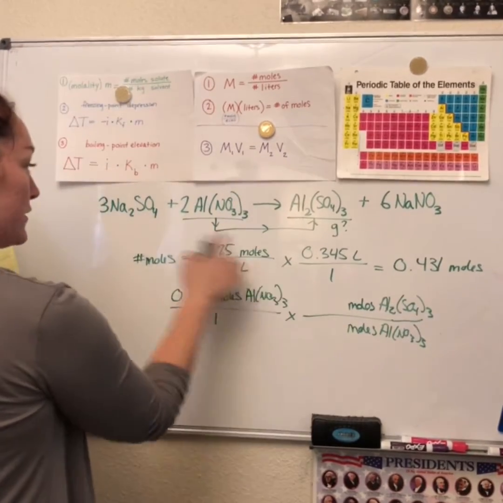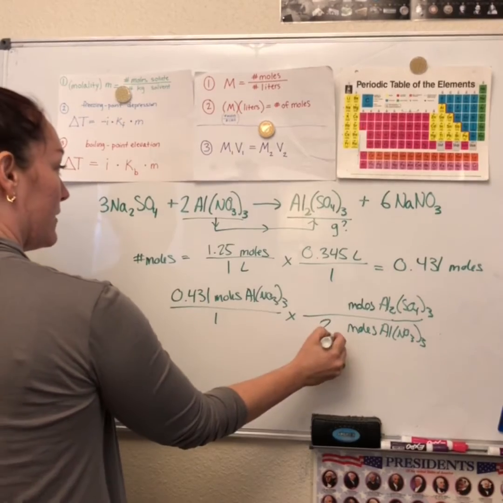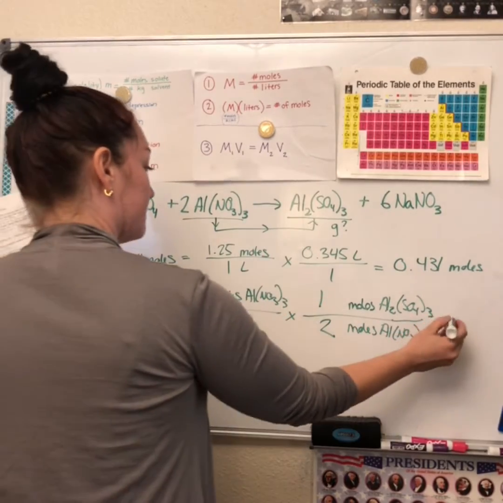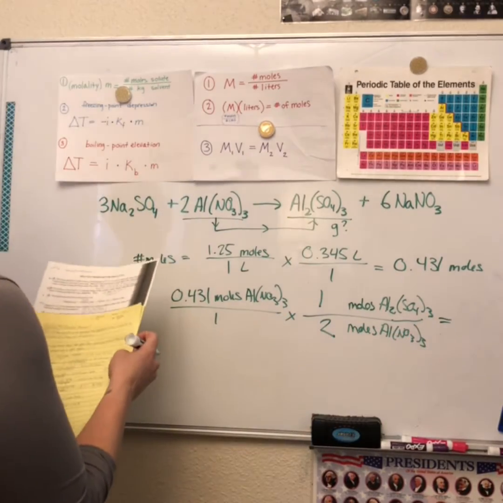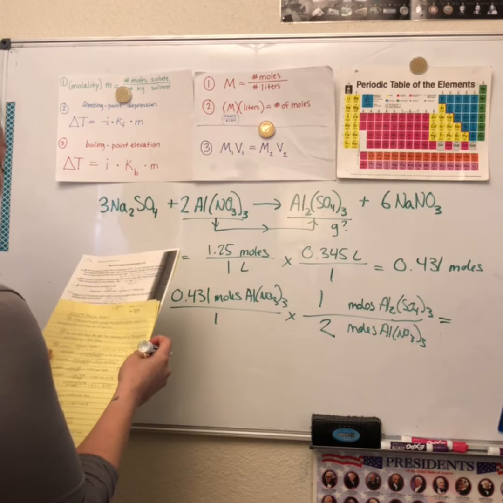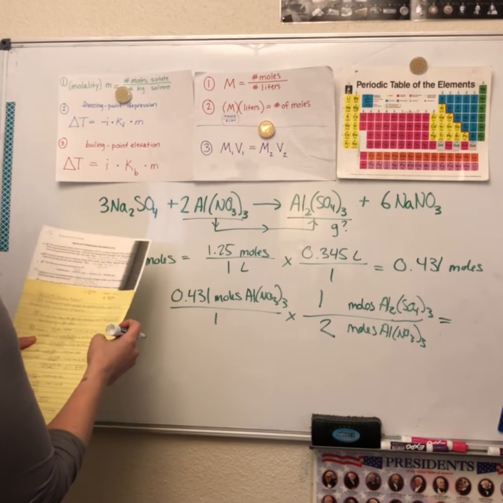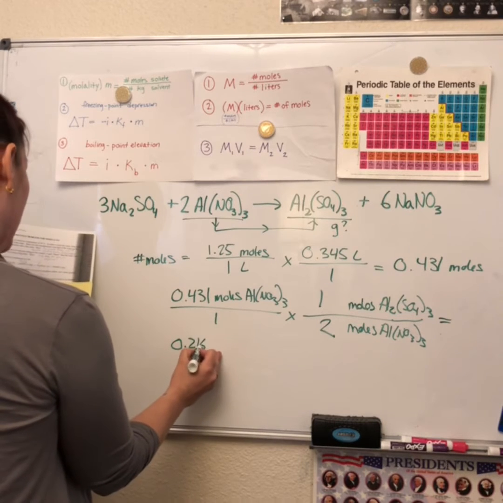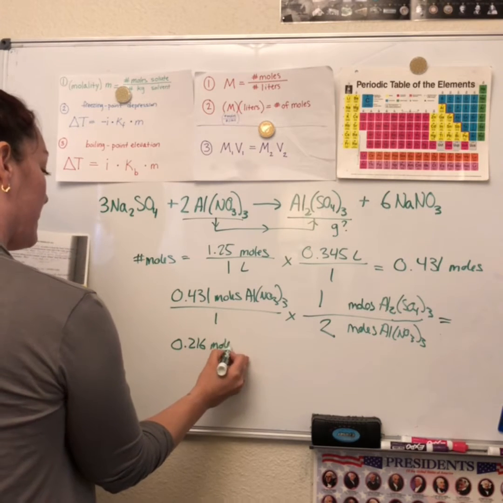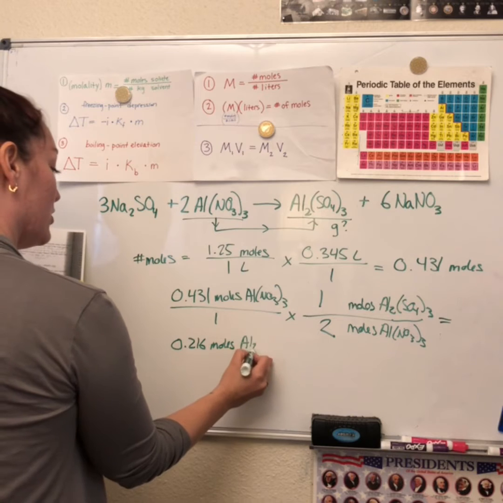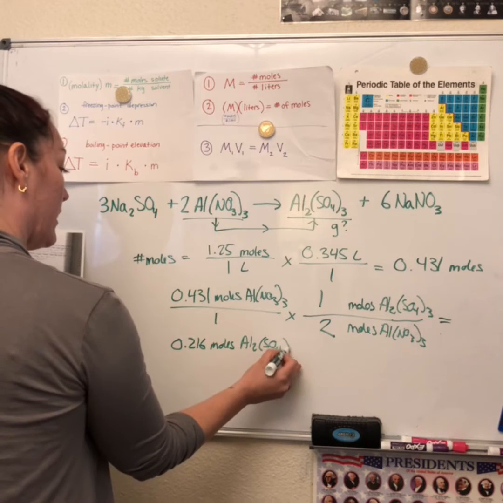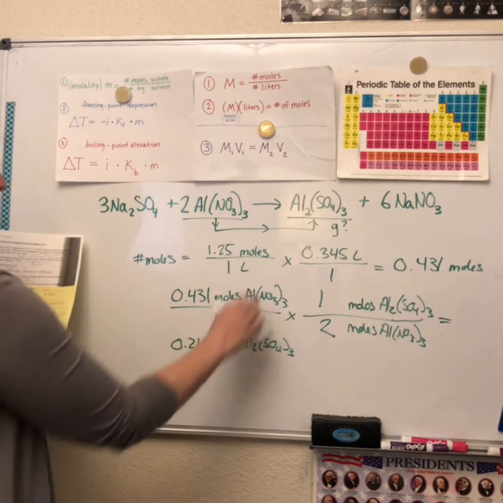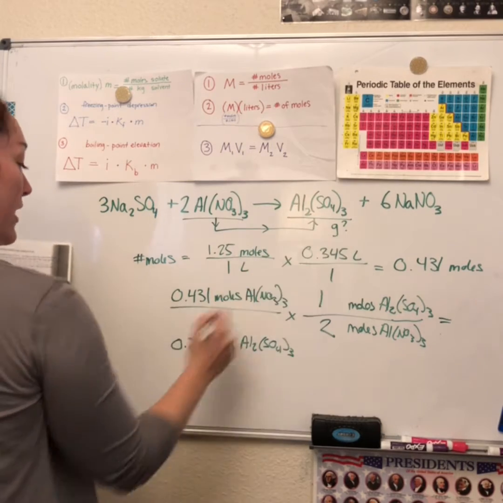So I'm going to use my coefficients. I've got a 2 here and a 1 here, okay? When I crunch those numbers through, I'm going to get 0.216 moles of Al2SO4, 3.